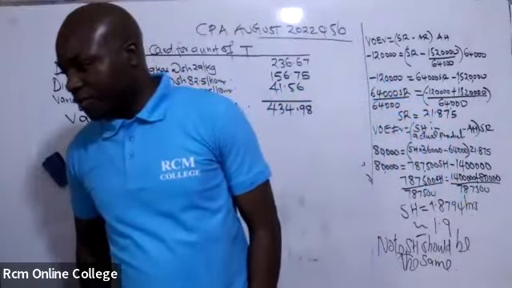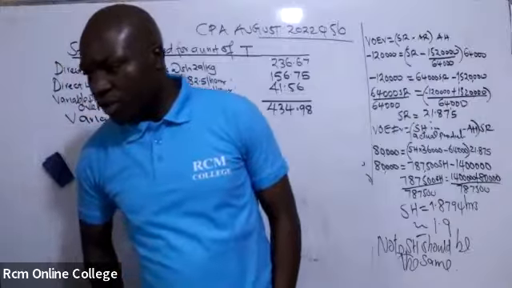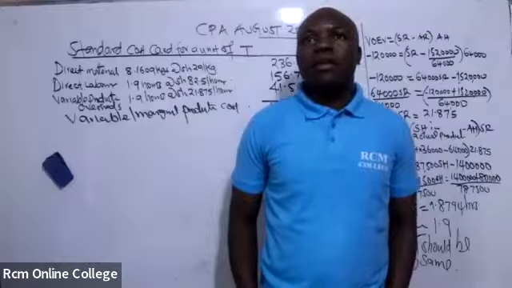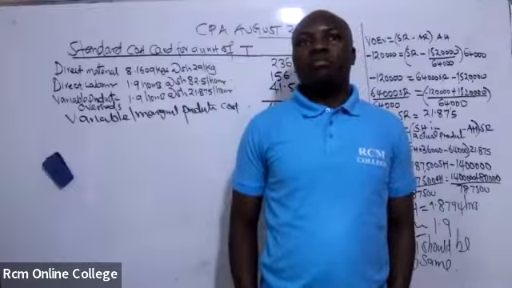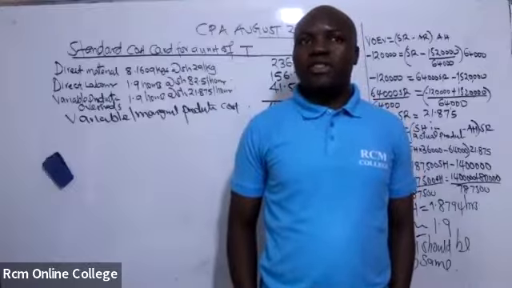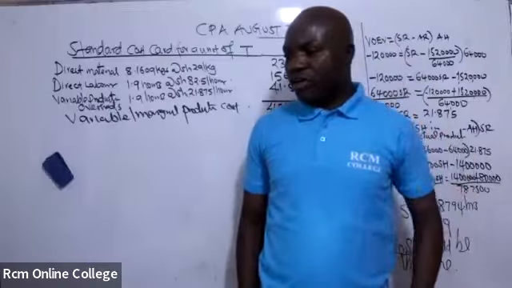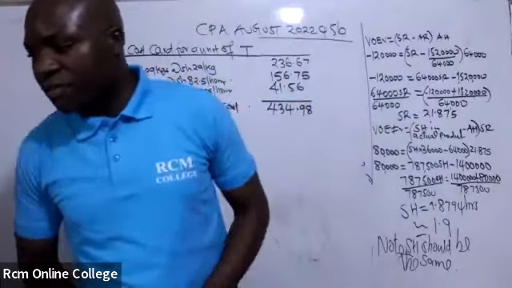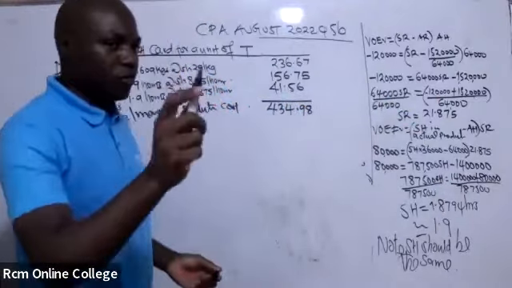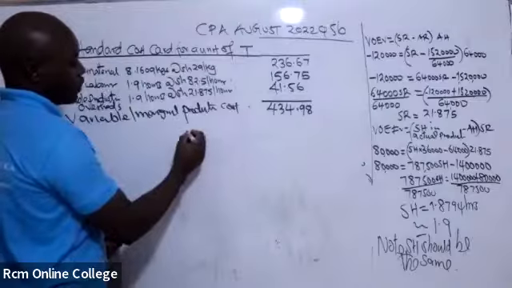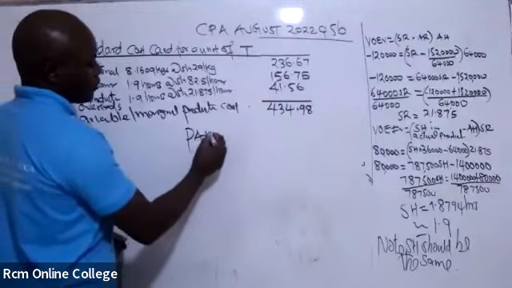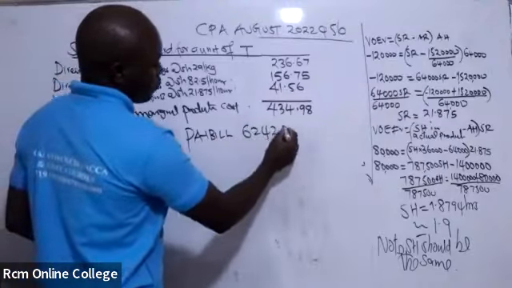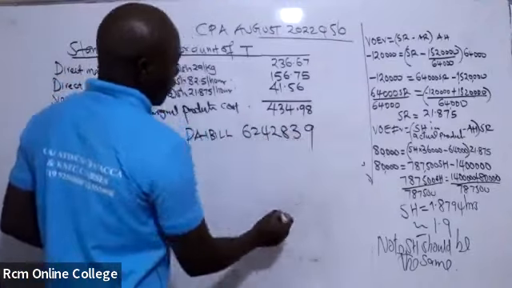1K is enough. So what I do for the other units, of course, currently the college is charging around 2,500. Let me take it this way. Please, for the management accounting student, this is the offer you are having. You'll be charged 1,500 for us to be able to revise that mock. So this is the pay bill: 62,42,839.